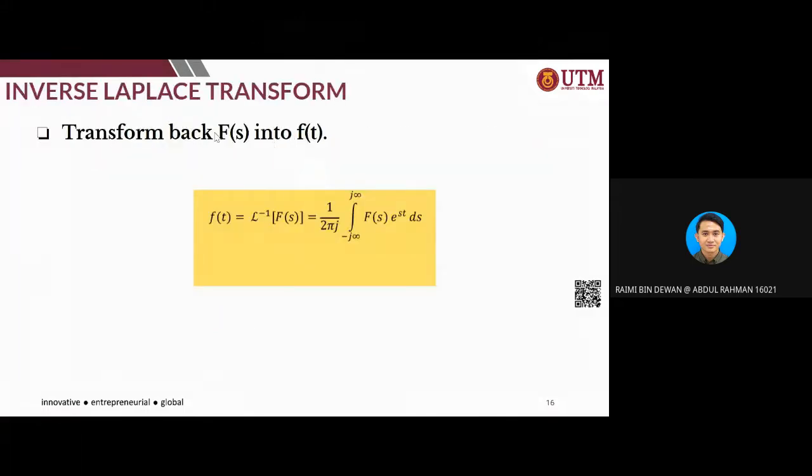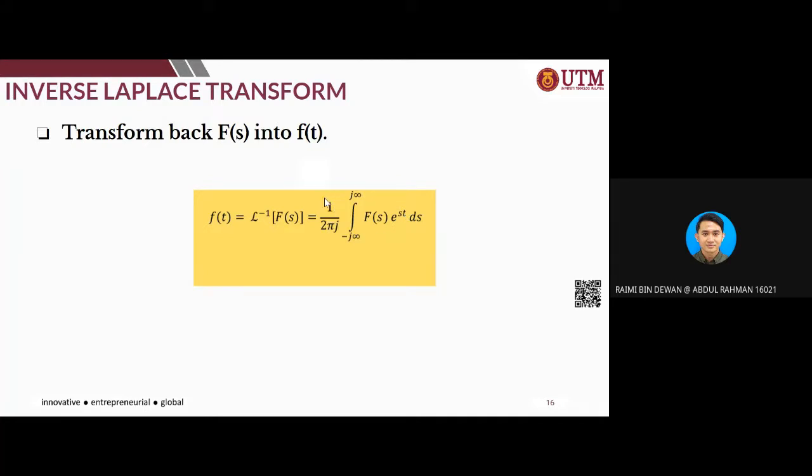Next, the inverse Laplace transform is where we transform from the Laplace domain back into our f(t) domain. So you see here, small f(t), the inverse Laplace of F(s), equals 1 over 2 pi j, integral from negative j infinity to j infinity of F(s) times e^(st) ds.